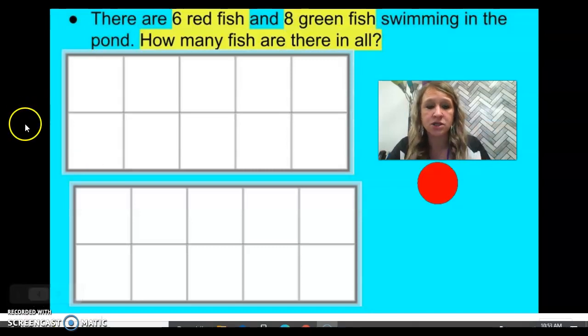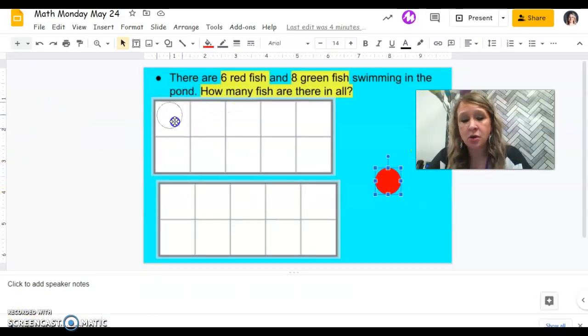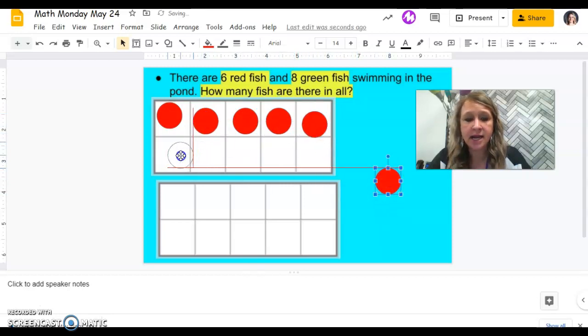All right, and I want to show that on my 10 frames with my red counters over here. So I'm going to show my 6 red fish first. 1, 2, 3, 4, 5, and 6. Now I'm going to add my 8 green fish, but instead of starting here on this 10 frame, I'm going to fill up these spaces first.